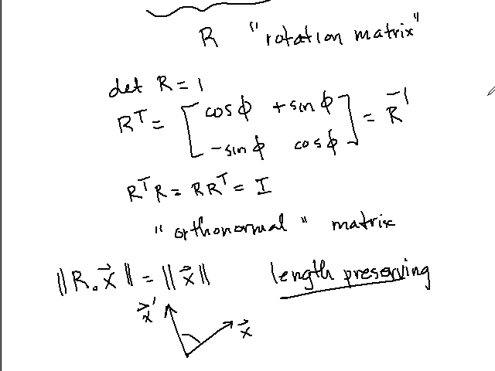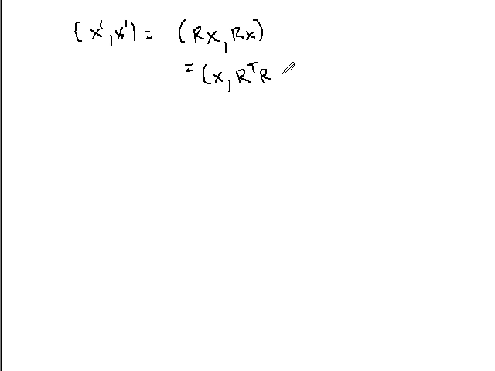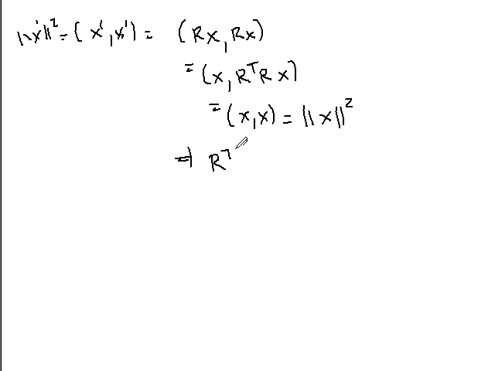Another way of seeing that is if you look at the inner product between x prime and x prime, which is Rx dotted in with Rx, this is x R transpose Rx, and if this is equal to the length of x, of course that says that R transpose R has to be the identity.